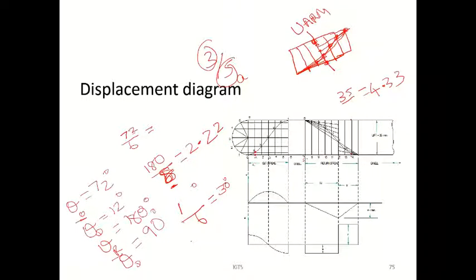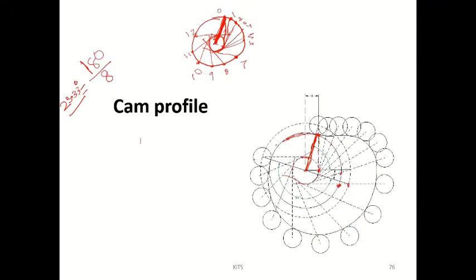Measure this distance. Go to the diagram. Where is point 1? This is point 1. From 1 to this place, mark the distance.